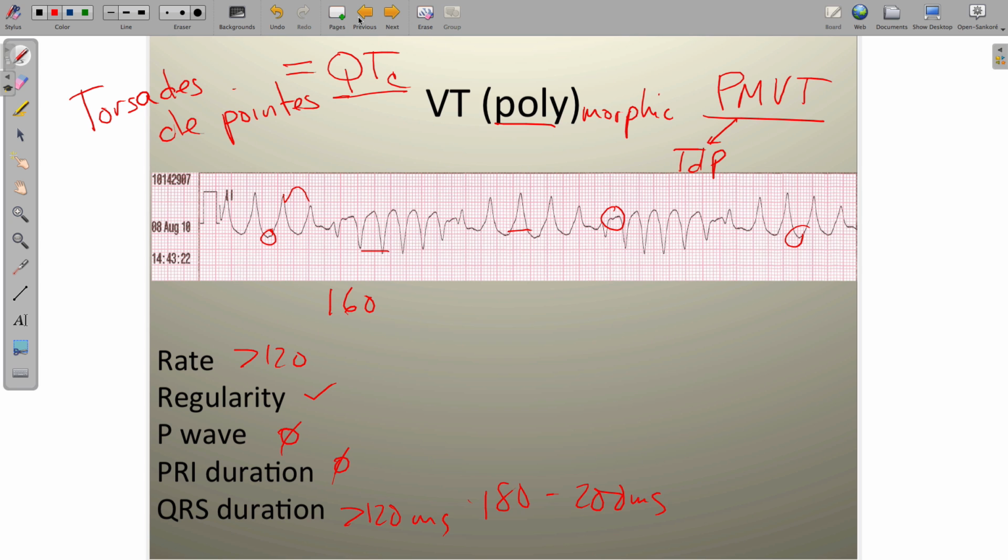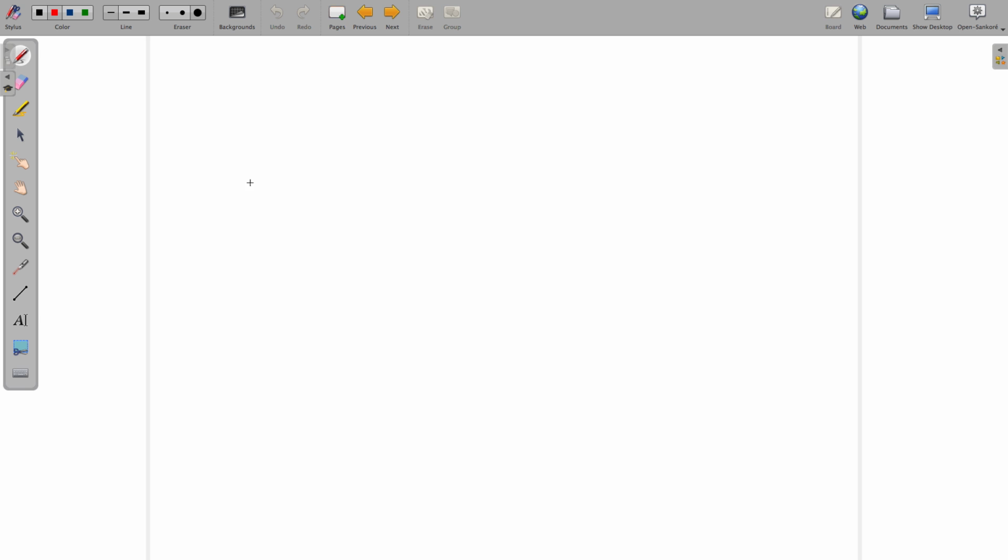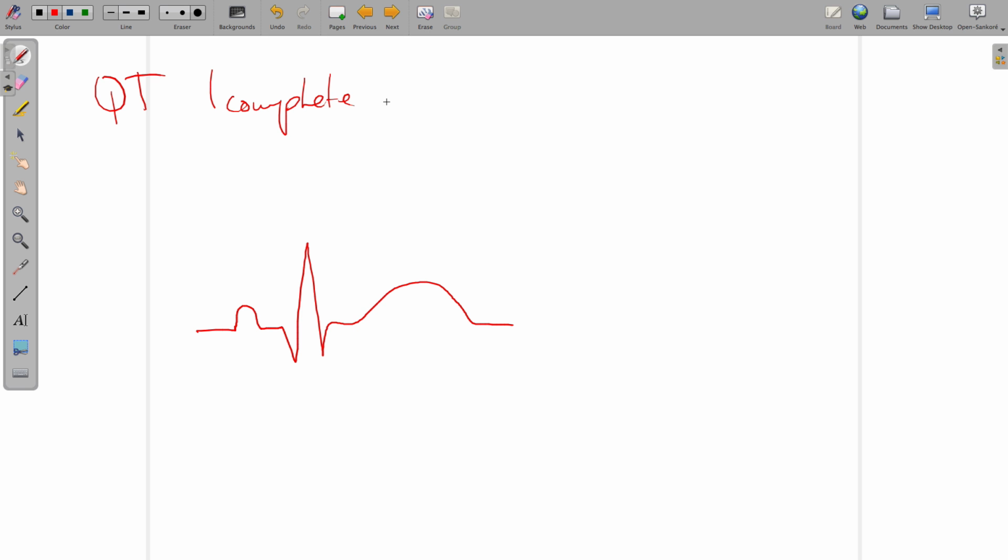All right, let us take a look at something new here just for a second. Remember when we introduced all of the waves and the intervals that existed on the EKG, we said we were going to come back to this QT interval. The QT interval is the representative of one complete ventricular cycle.